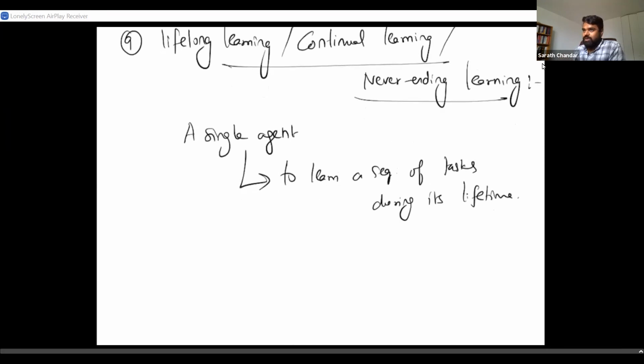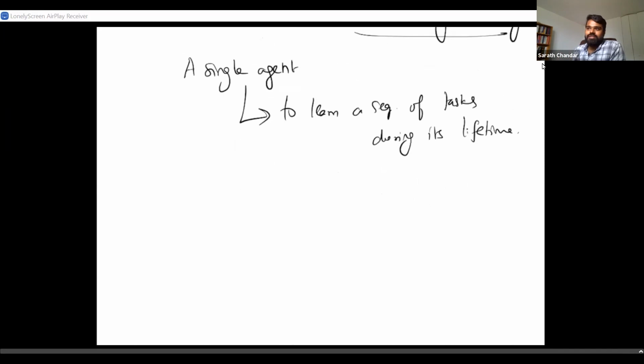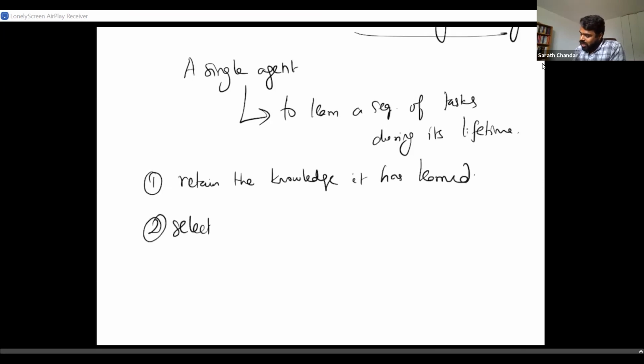Such a lifelong learning system should have a bunch of characteristics. For example, it should be able to retain the knowledge it has learned so far, and it should be able to selectively transfer knowledge to learn new tasks.